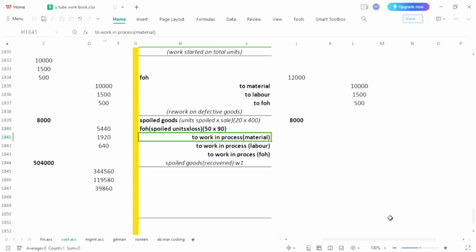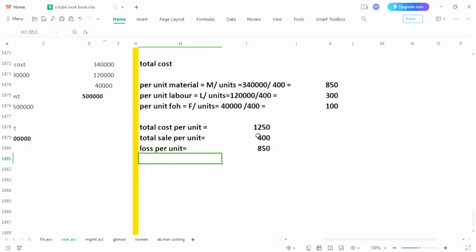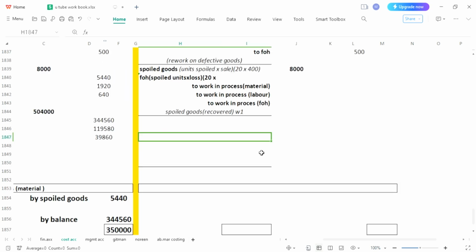Okay, we have got the formula of the previous question, here just by changing the number of units. The number of units spoiled is mentioned over here, 20, and you need to multiply it with the per unit loss, which we have just calculated. Per unit loss is 850.